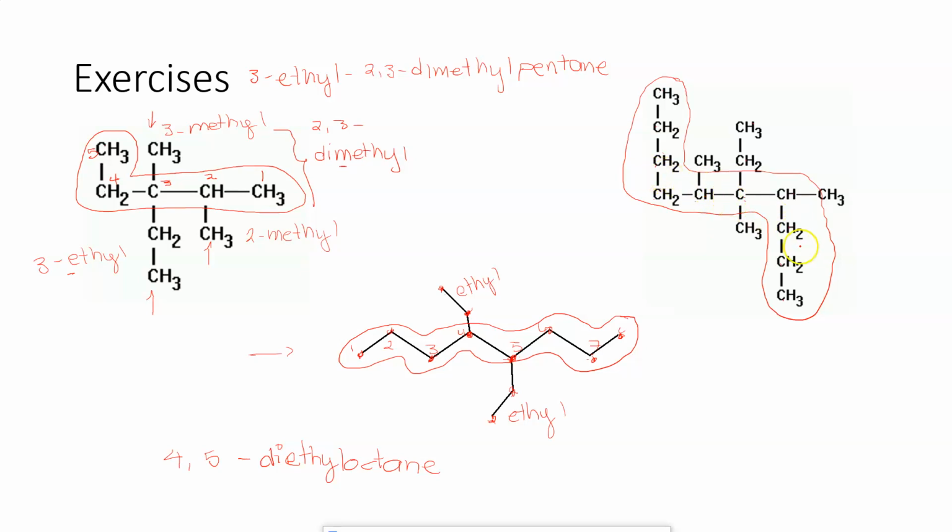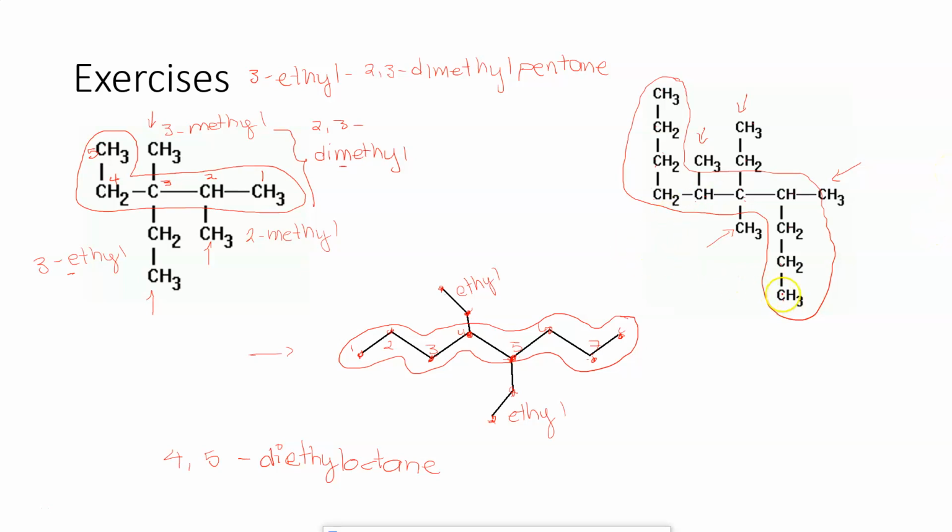But the main chain has to be the longest possible chain in that molecule, okay? Step number 2, we have to start giving numbers to these carbons, starting by the carbon that produces the smallest number of the attached groups. So I have a methyl here, I have an ethyl here, I have a methyl there, and I have a methyl right there, okay? So let's see.